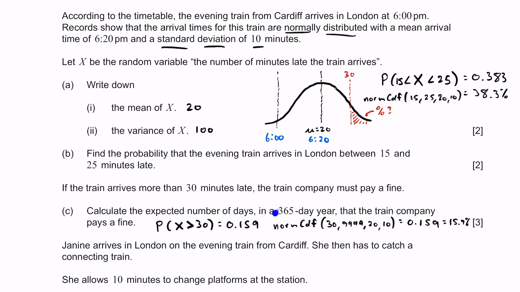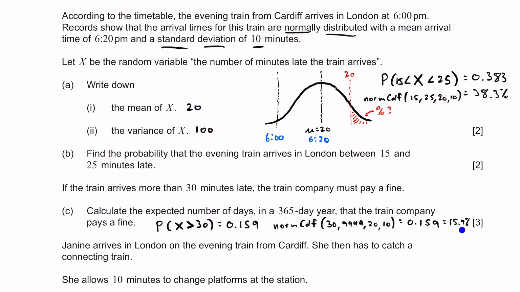So out of 365 days in a year, what fraction of this total amount of time could we expect the train to arrive late? Well, 15.9% of this total set. It doesn't arrive late all the time, and it doesn't arrive late half of the time, in which case we would just take half of this value.